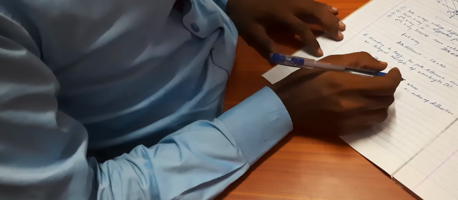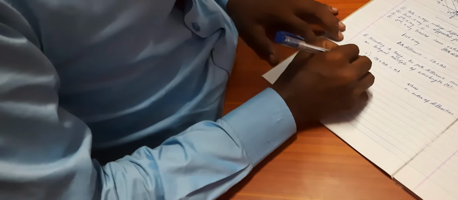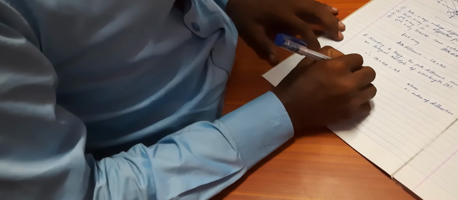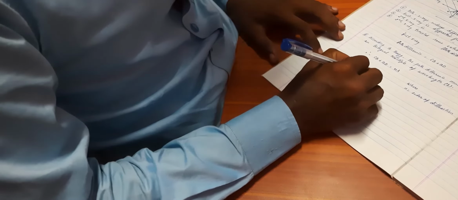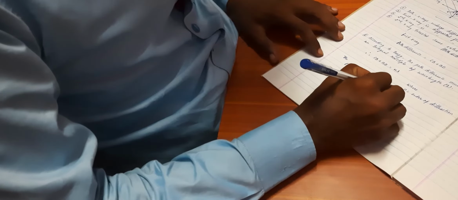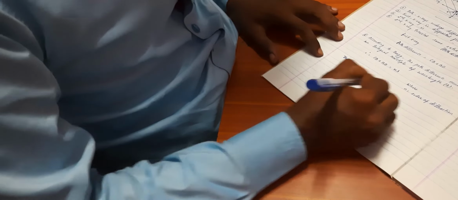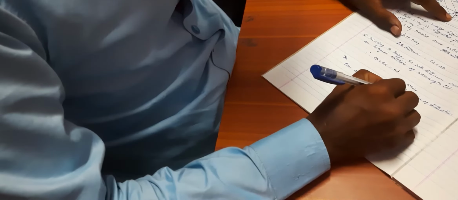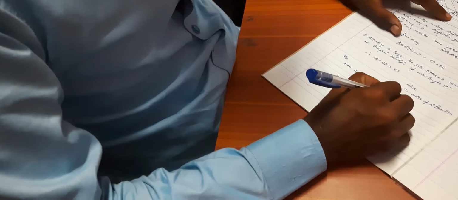Applying trigonometry in triangle ABC, sin theta is equal to CB by AB, where AB is nothing but d.